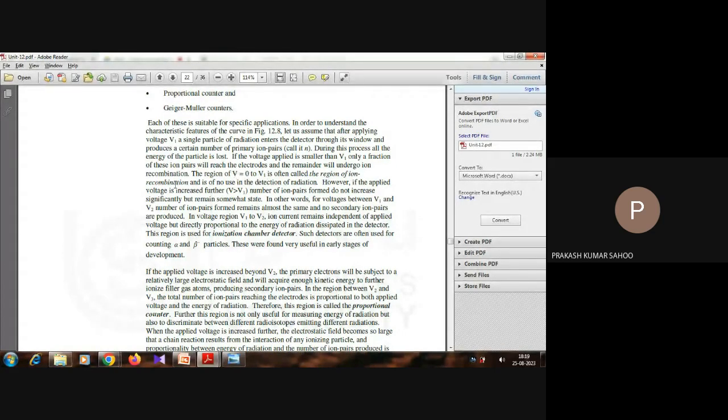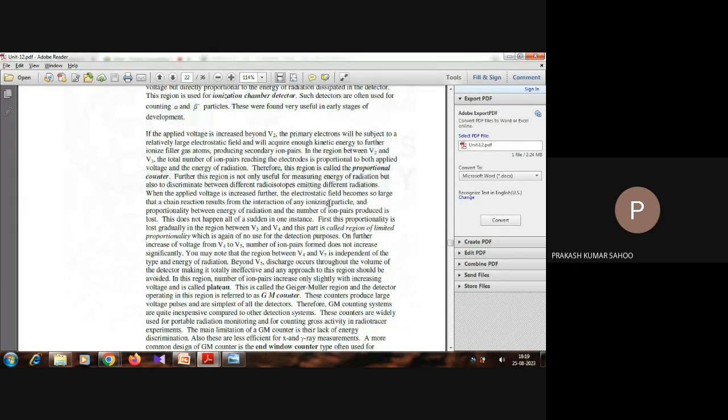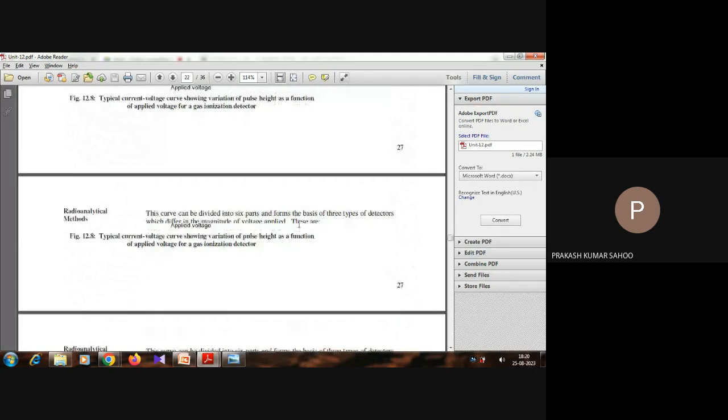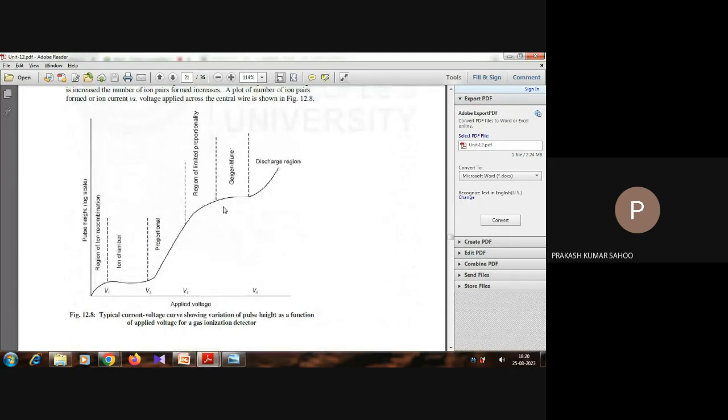This is the region where ion recombination takes place. Then the GM counter, that is the Geiger-Muller counter, operates from V4 to V5, and in the proportional counter we have V2 to V3.